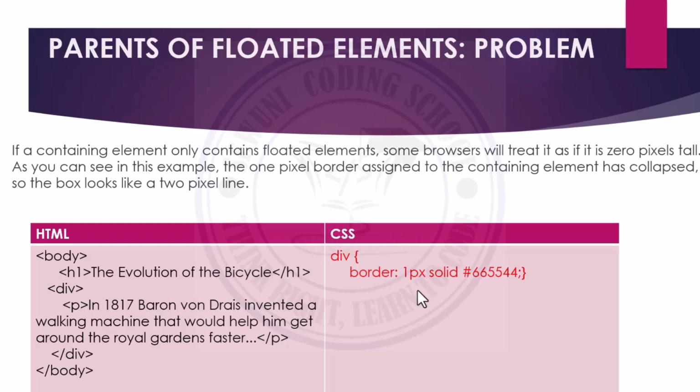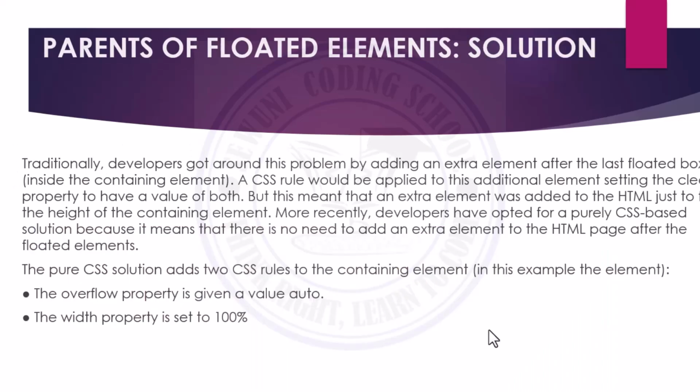like a 2-pixel line. Traditionally, developers got around this problem by adding an extra element after the last floated box. A CSS rule would be applied to this additional element, setting the clear property to have a value of both.